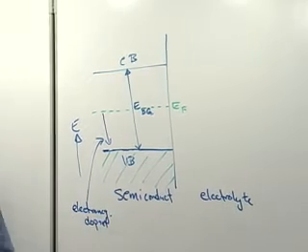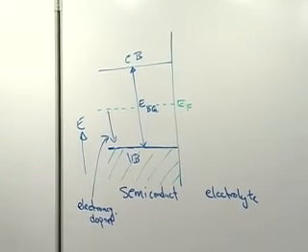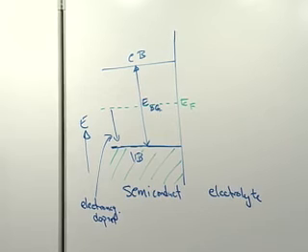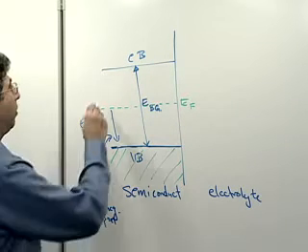On the other hand, if we add something that is less electronegative than the lattice, we will donate electrons from that dopant to the lattice, and things move up.